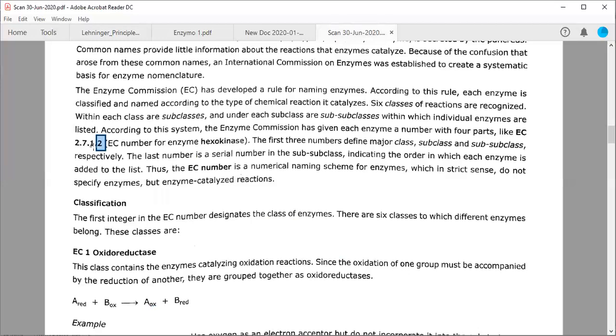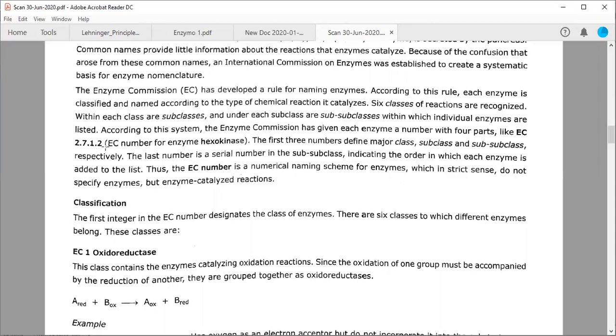Class, subclass and sub-subclass: if everything is matched, then this number is given. So hexokinase can be of 2 types, either glucokinase, for example, or general hexokinase. If it is a general hexokinase, it is written like 2.